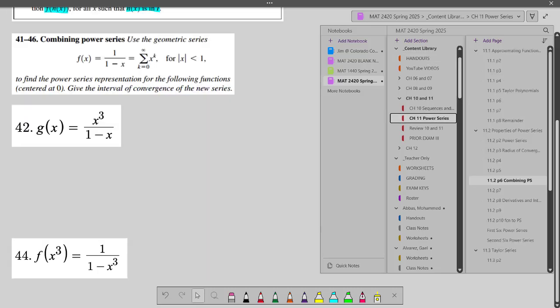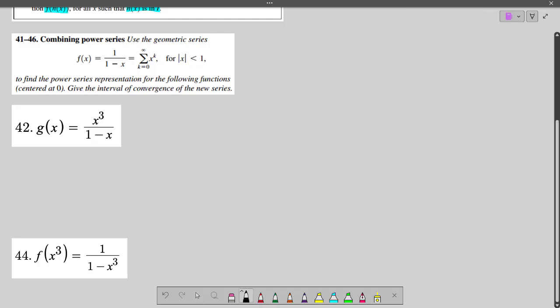brings us to here. So we've got our geometric series right there, and all we're doing is multiplying by a power of x here. Okay? So the power series here is x cubed multiplied by the power series for 1 over 1 minus x. K starts at 0.